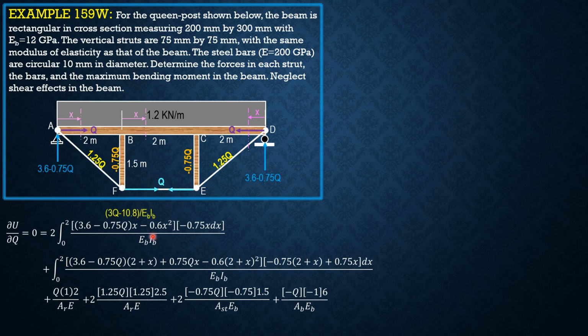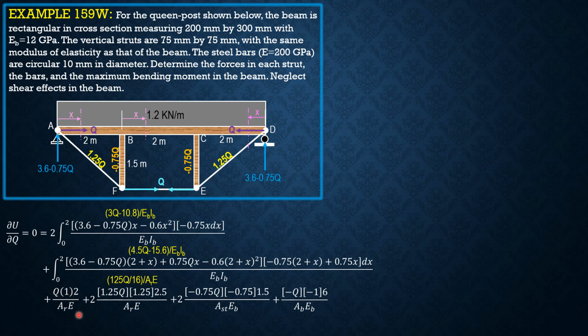Simplifying, the first is 3Q minus 10.8 over E of beam, I of beam. This one, 4.5Q minus 15.6 over E of beam, I of beam. Then we have 125Q over 16 over area of rod, E. By the way, just verify, maybe these two are combined because they are like terms.